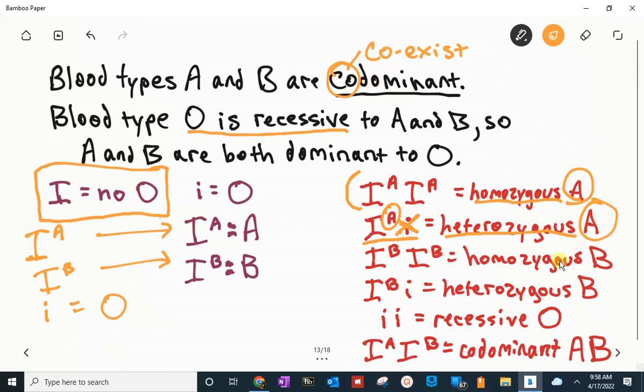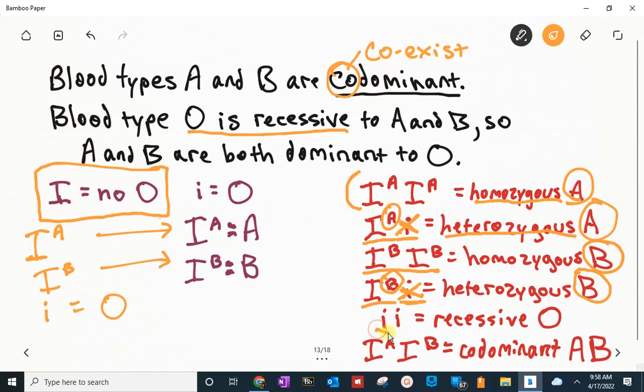So you're going to end up having blood type A. Or you could have a homozygous B, an I superscript B and I superscript B for the genotype, and so that would result in having blood type B. Or you could have an I superscript B and a recessive O here, this lowercase i, but this dominant B silences out that O, and so you would still end up having type B blood.